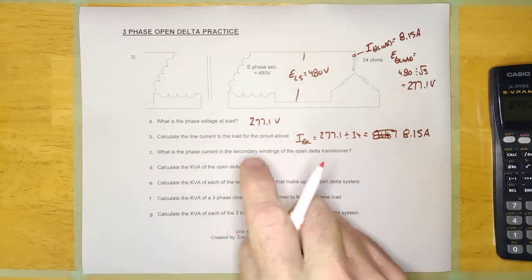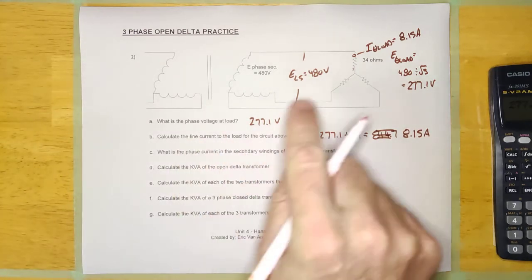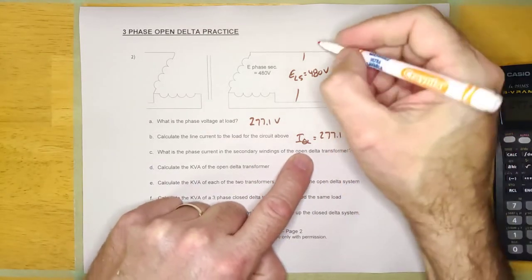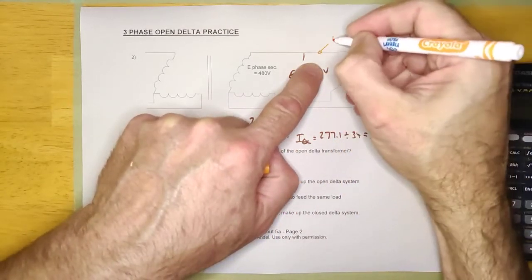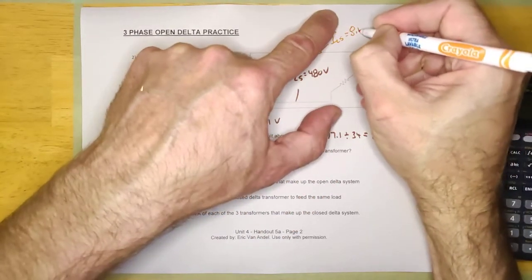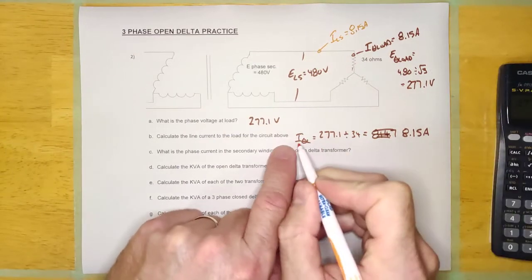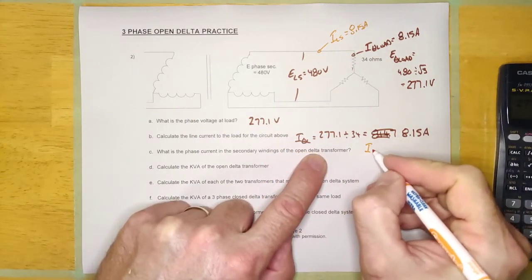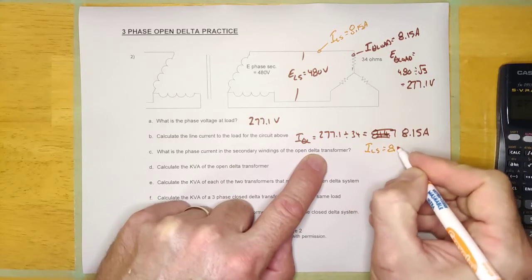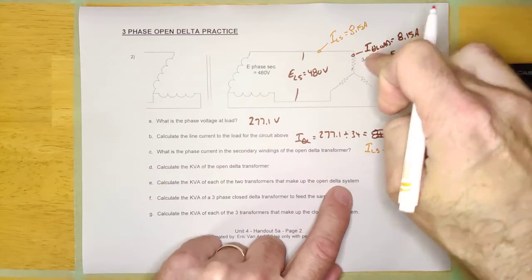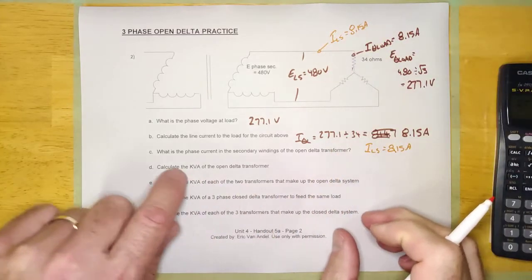And that's the phase current, right, guys? So the line current is also going to be that, I line secondary, because it's Y, right? 8.15 amps. So even though we figured it out for I phase load, I line secondary is also going to be 8.15 amps. Okay, guys? Because we always got to figure out the phase current before we figure out the line current, right?